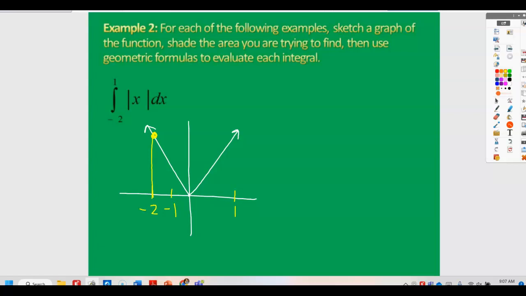So that will create 2 triangles. So the area under the curve is 2 triangles. The triangle on the left and the triangle on the right.